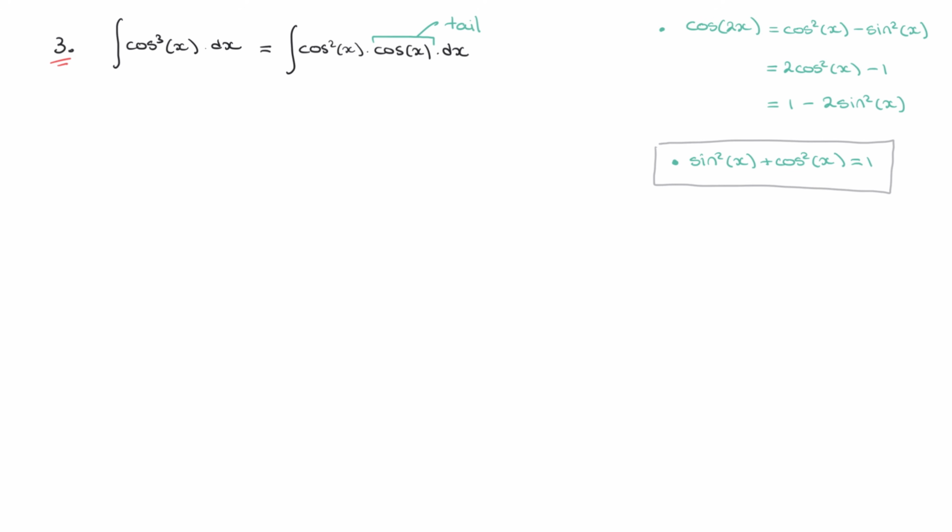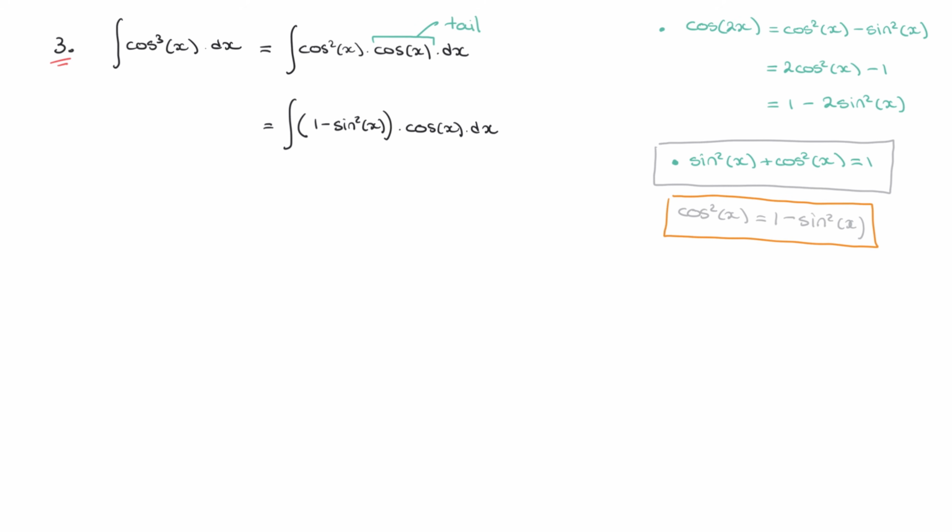And in doing so, we quickly see that cosine squared of x is equal to 1 minus sine squared of x. And I'll go ahead and box that just as I did in the previous two examples. Now, using this result, we can go ahead and rewrite our integral as the integral of, in parentheses, 1 minus sine squared of x times our tail cosine of x.